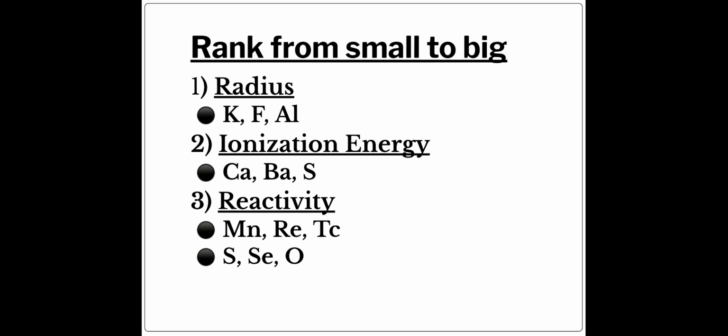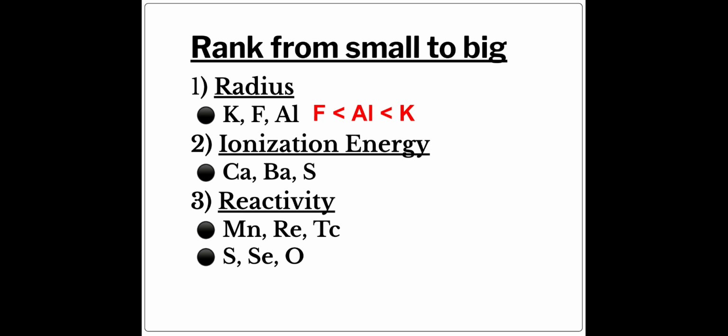Okay, welcome back. So let's see how well you did. So radius, again, we have potassium, fluorine, and aluminum. We know that the radius is going to increase from right to left, and it's going to increase from top to bottom.